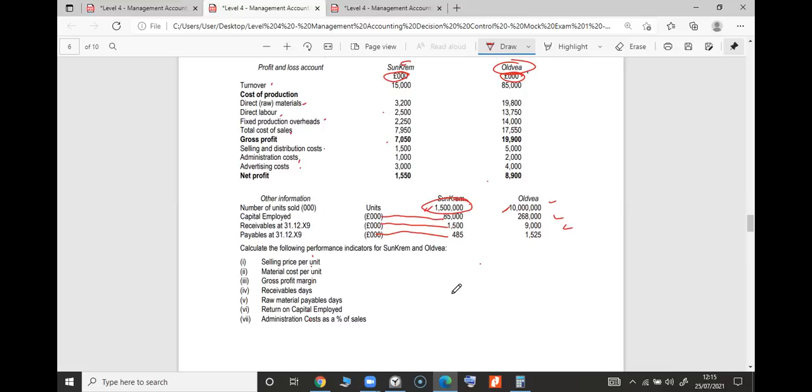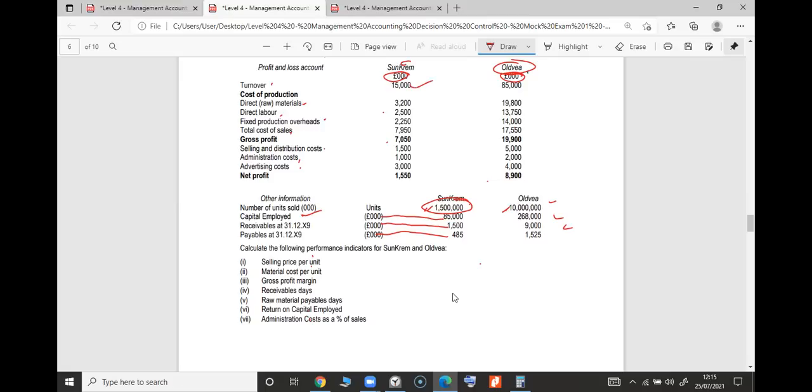And selling price is, okay, but even number of units are in terms of triple zeros. Oh my gosh. So definitely a big mistake. Oh, hold on. Number of units sold.